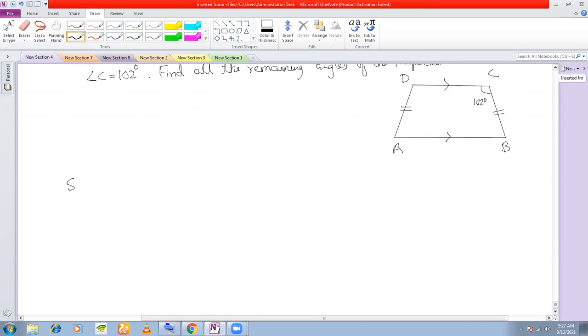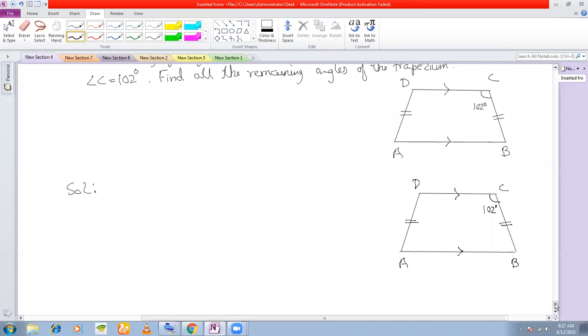Now we shall see how to find out all the other angles. Let's redraw the trapezium. Now let's try to understand how to solve this problem.